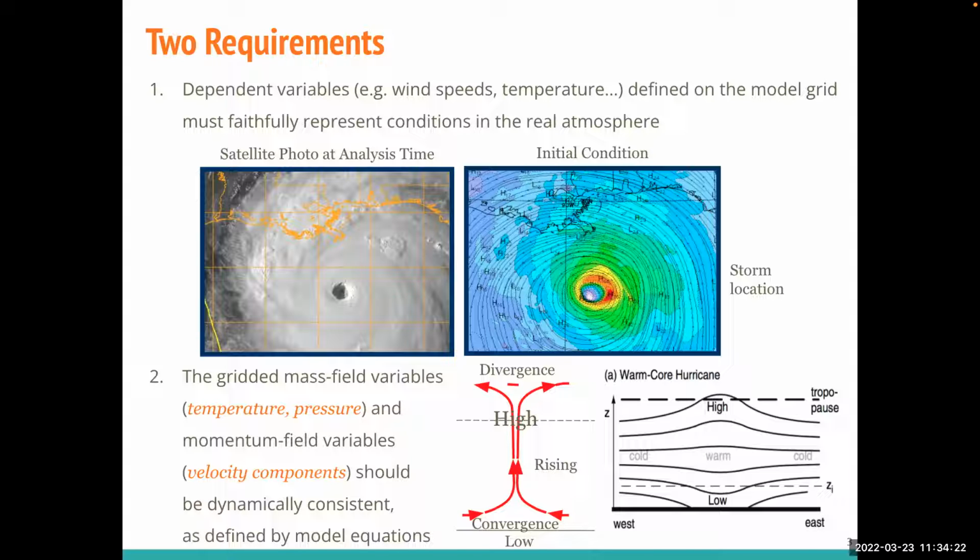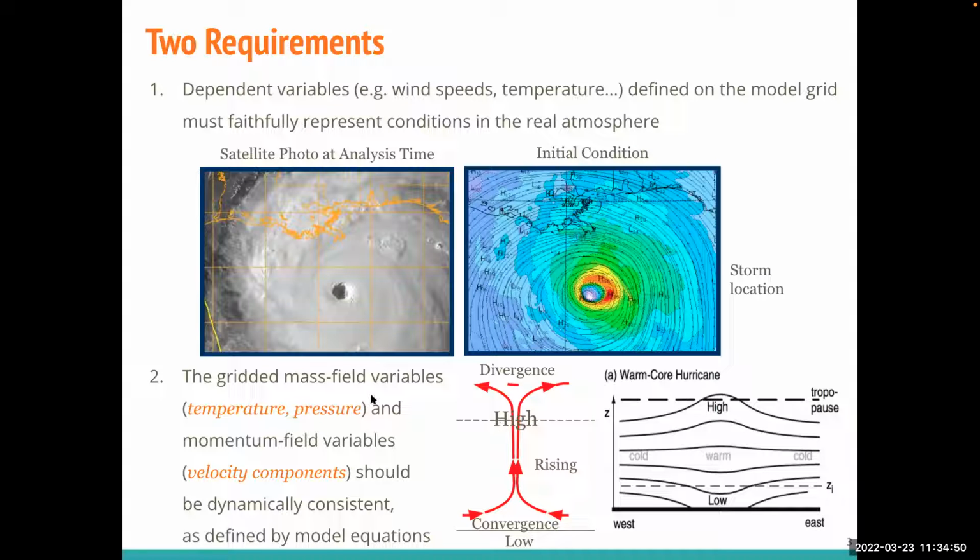Actually, they use these variables, the first guesses, they put them into the model and then run a little bit, actually, to find a balanced situation. And then that would be your model initialization. Okay, they do something to the data so that they are dynamically consistent with each other. That's the most important point, okay, as defined by the model equations.